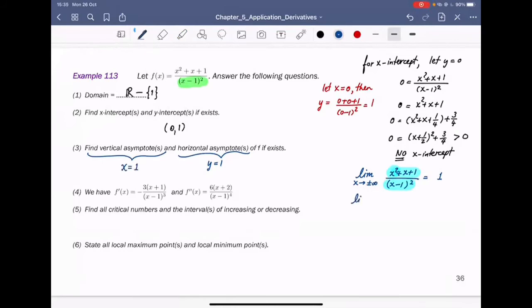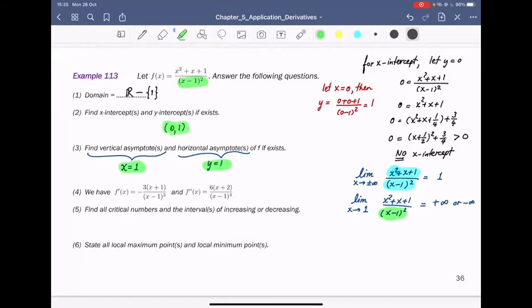Because when you compute the limit of this function as x goes to 1, you're going to get plus or minus infinity, right? You don't know yet whether this is plus or minus infinity. However, it's going to be infinity anyway. That means, because your denominator equals 0 and your numerator is not equal to 0, x equal to 1 is your vertical asymptote, and y equal to 1 is your horizontal asymptote.